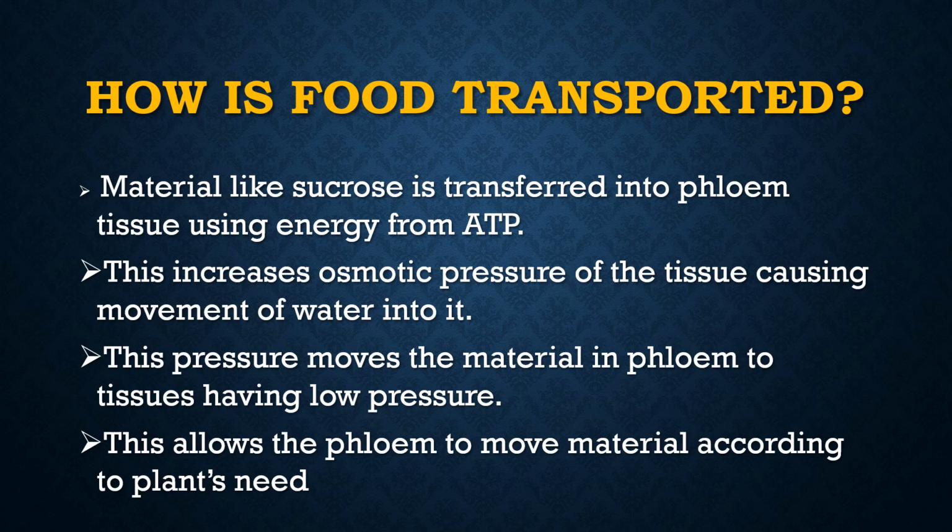Means it is transported from the high pressure to all the areas wherever the pressure is low. So the movement of food through the phloem occurs according to the plant's need. This way the food is transported.